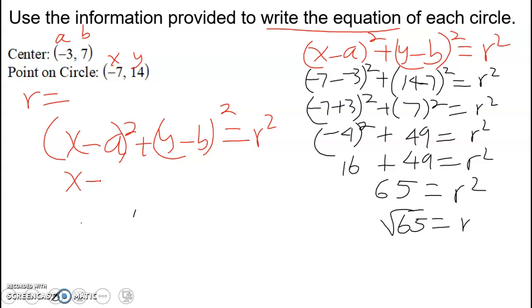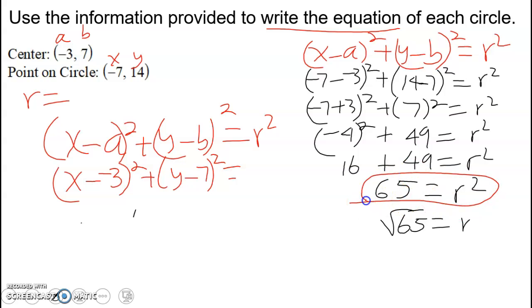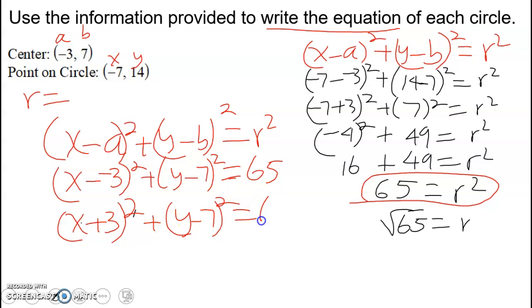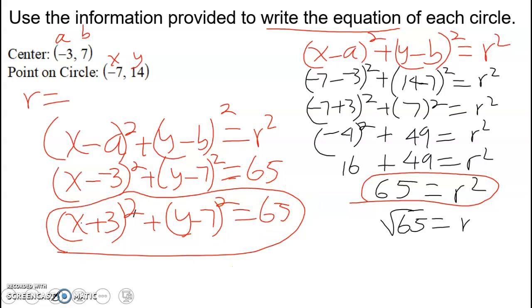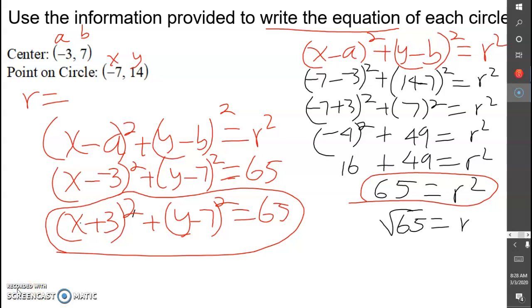A is negative 3, squared, plus y minus b, where b is 7, equals r squared, which we had here, is 65. We simplify: x plus 3 squared, since we are writing the equation, plus y minus 7 squared equals 65, and that will be our simplified equation. All right, next.